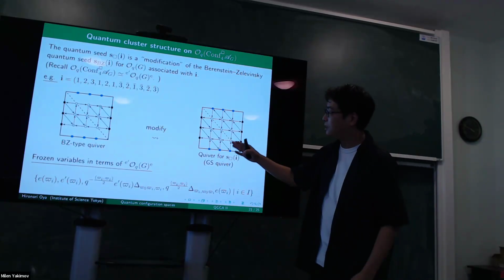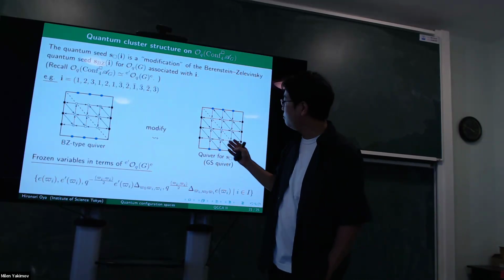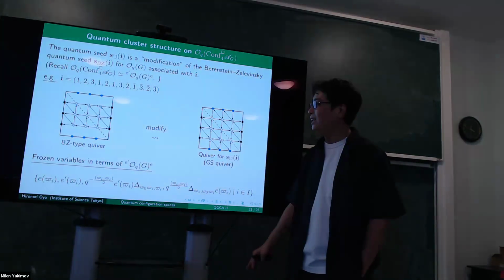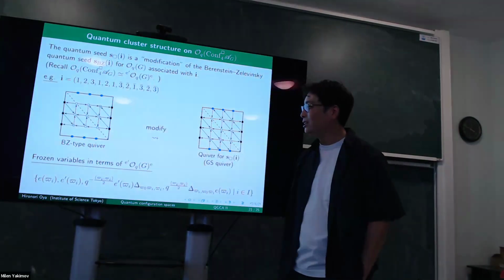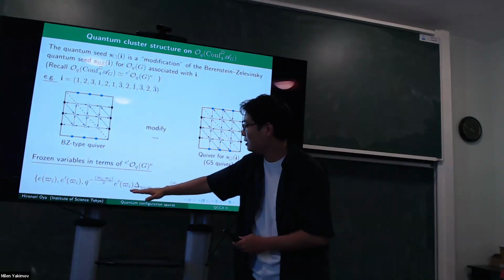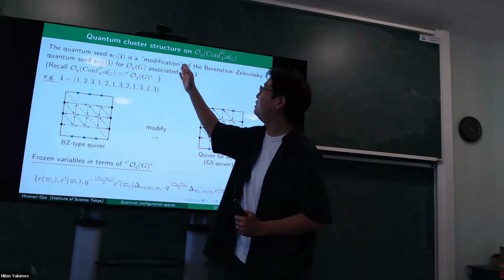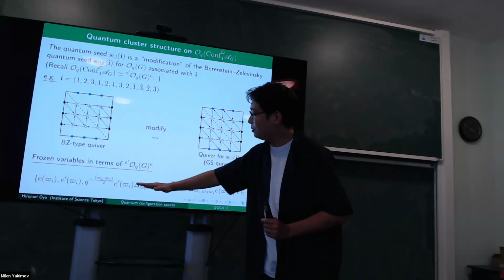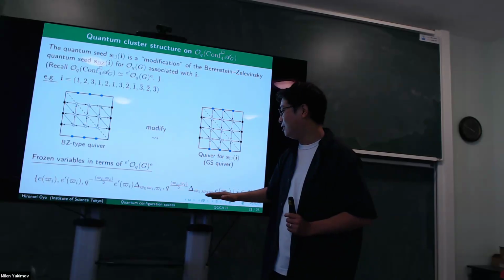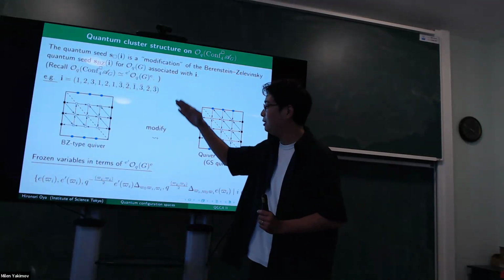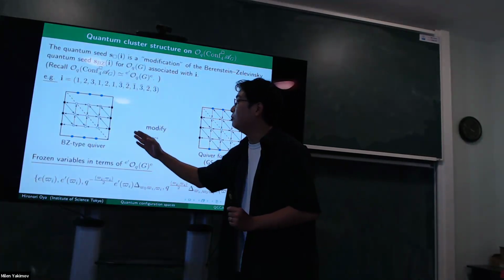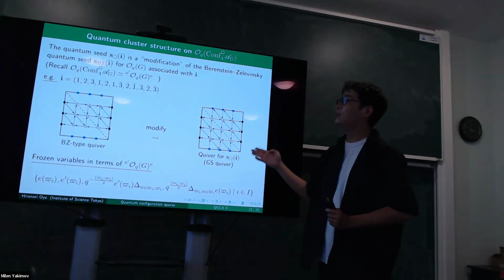This is some decorated one, and these are the frozen variables of this cluster algebra. The first two are the extended Cartan part. If you know the Berenstein-Zelevinsky cluster structure, this part and this part are usual. You use the Berenstein-Zelevinsky frozen variables, and we modify these variables by some Cartan part. Then we can put the seed associated with this figure.